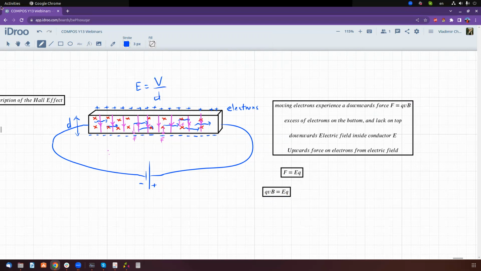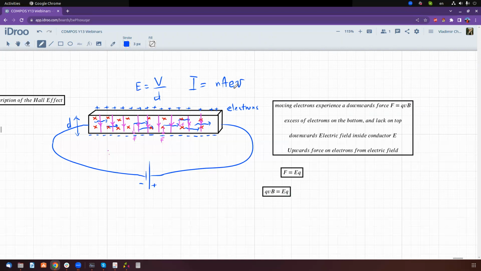So we can incorporate that, and we also know that the current in the conductor is NAEV. Oh, not Q, sorry, NAEV.